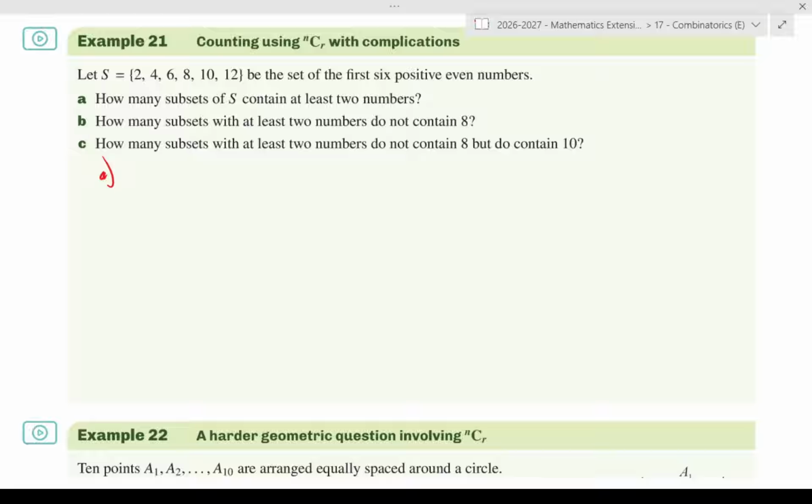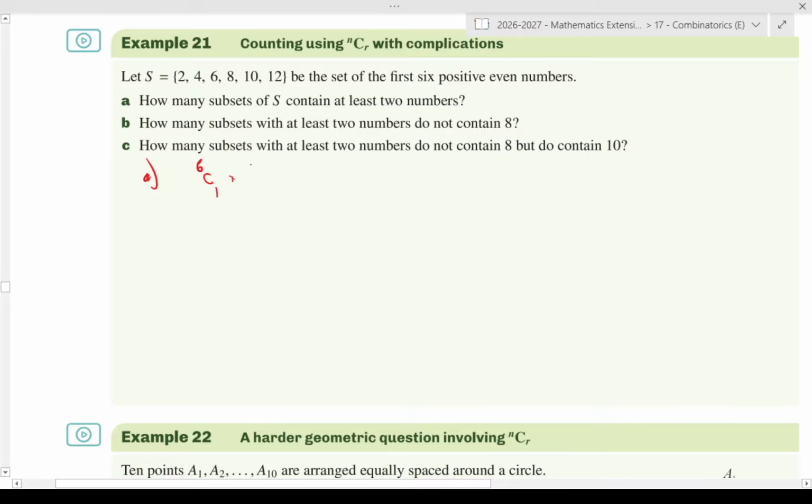Well, if we were doing a one number set, we would do 6 choose 1. If we were doing one with less than that, with 0 numbers, it would be 6 choose 0. So that would give us a total. There's only 6 different ways I can choose one number, either 2 or 4 or 6 or 8 or 10 or 12.